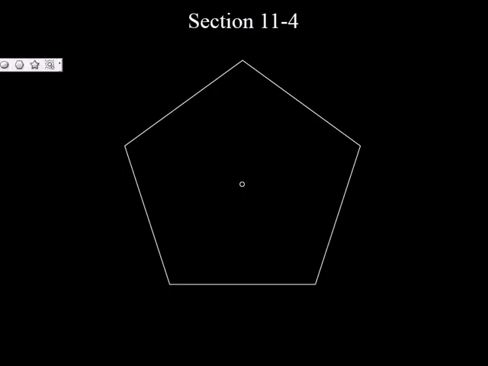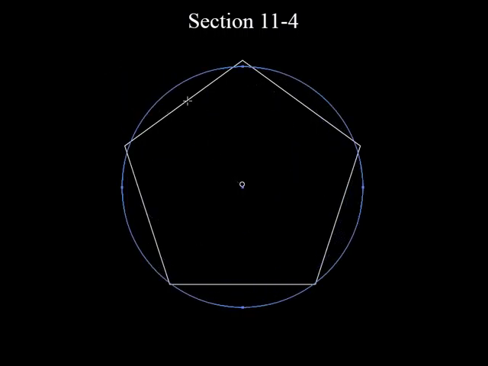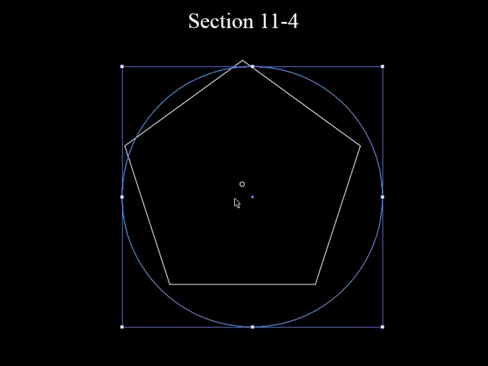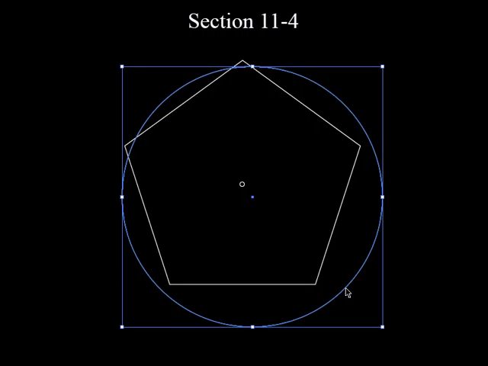Let's see if I can. Which one's a circle? That one right there. Okay. Let's see. How am I going to do this? Like that. Maybe make it a little bit bigger. So what I want to do is try to draw this circle.